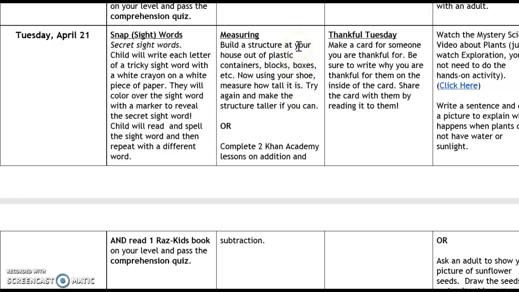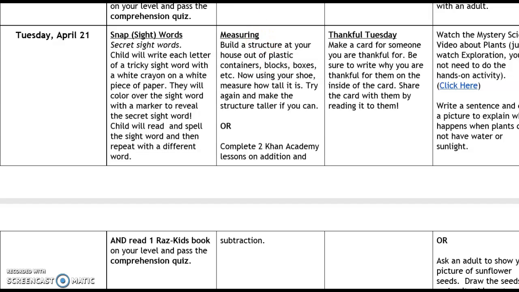In kindergarten, we're not doing standard measurement. We're just doing the idea of measurement. But if this is very easy for your child, you might want to move into, well, what would be the problem if everybody was measuring with something different and kind of move into that's why we have standard measurement. But they don't need to do inches or feet or anything like that to be competent in kindergarten.